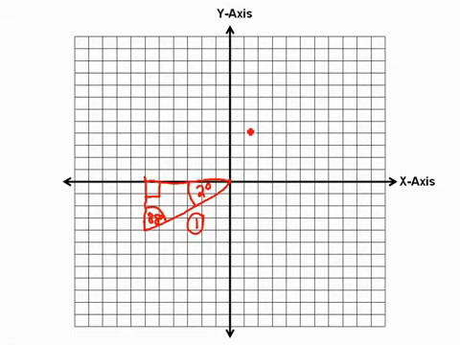Well, maybe it'll help if I reminded you of this relationship. Sine of some angle is equal to cosine of 90 minus that angle.